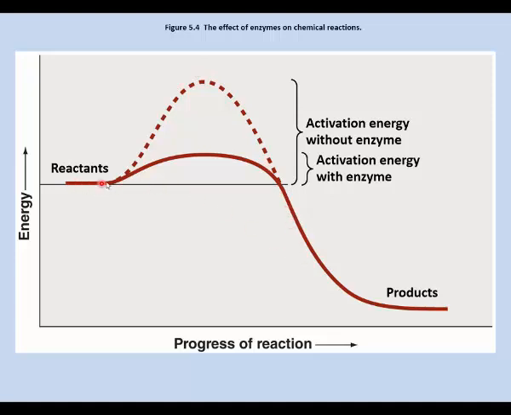It requires some input of energy, which is why paper doesn't just start to catch on fire on its own. You have to add some fire to it to create that energy that's necessary to get the reaction started. Enzymes, on the other hand, are kind of like adding maybe some gasoline to it, so it makes it easier for the fire to start and burn. So it reduces the amount of wait time and energy needed to make this happen.